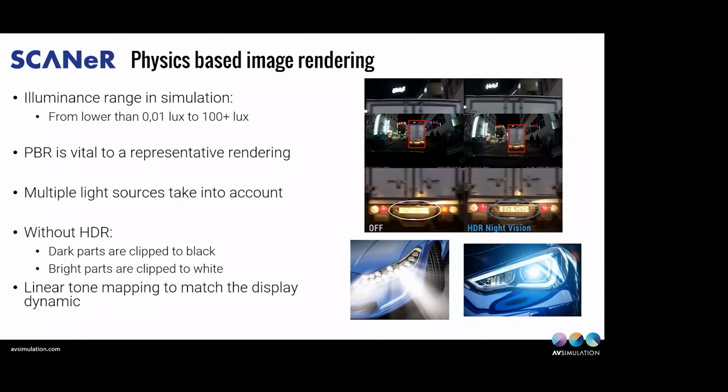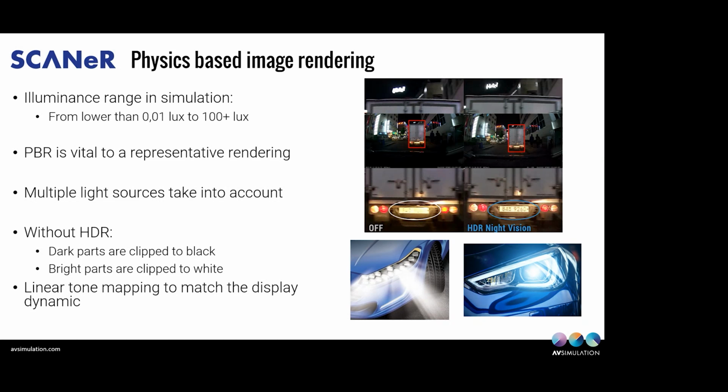So let's deep dive into the scanner headlights pack. And what I will be talking about first is the fact that this pack allows you to render physics-based image for the headlights use cases. We are taking into account many layers of information from the environment, which go from how the scene is defined in terms of materials, with different kinds of layers of information on this.